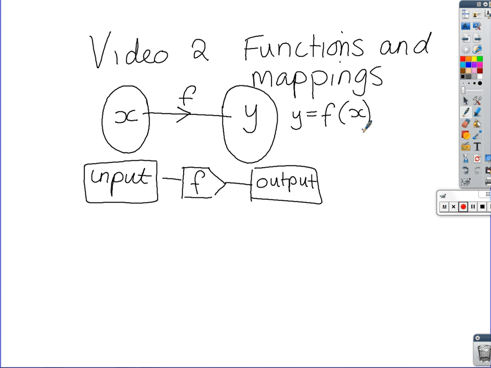So functions can be illustrated in three ways, either by a formula. For example, a function formula may look like f of x equals 3x. It could also be an arrow diagram.